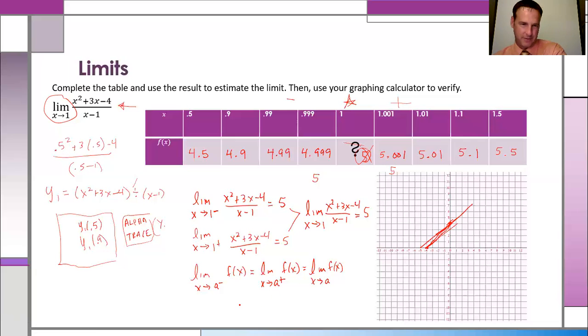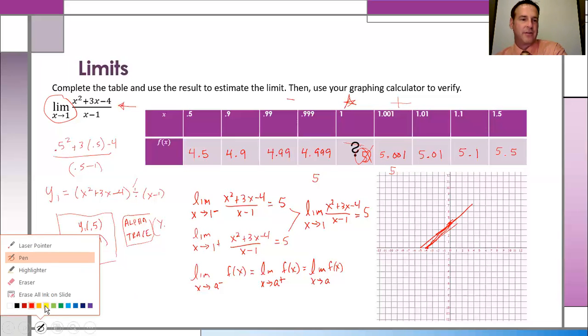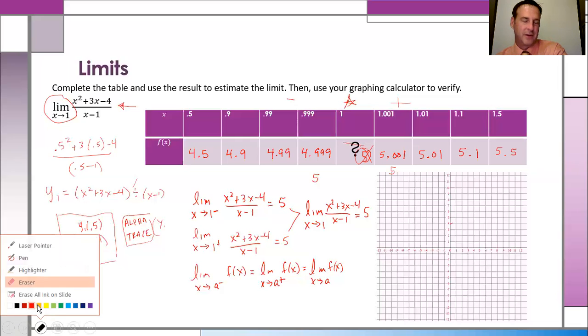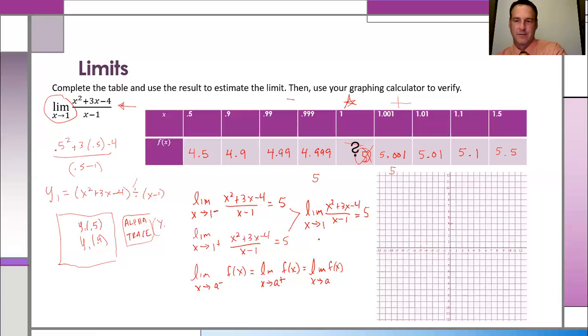Let me erase that, because I was doing so well. I do like my eraser feature though. Okay. 4, -4. I'll do my best to draw that line. Even though it's not a straight edge, it's not perfect. Gives us something like this.